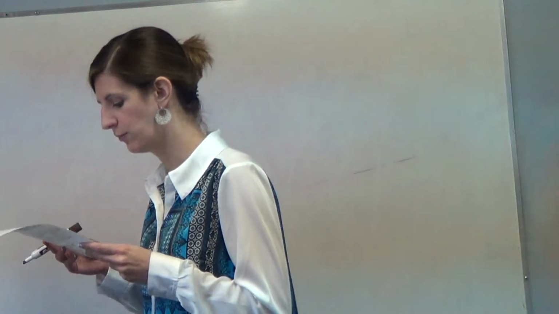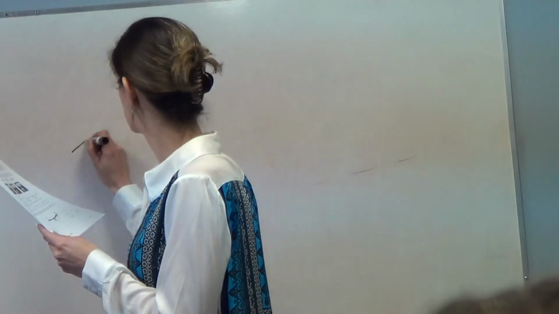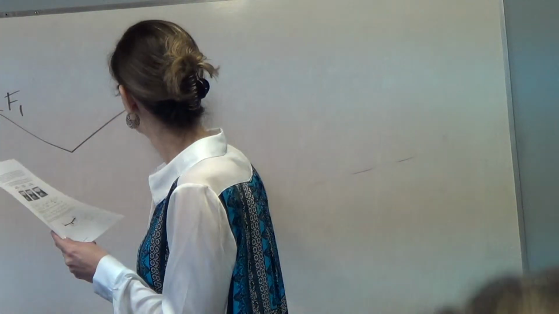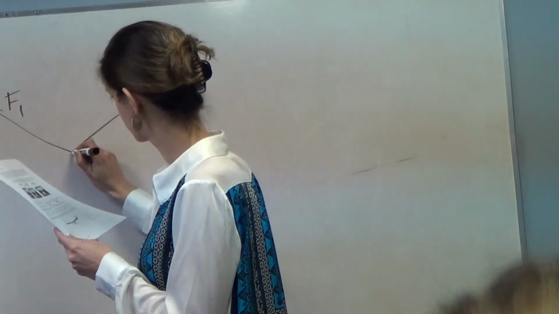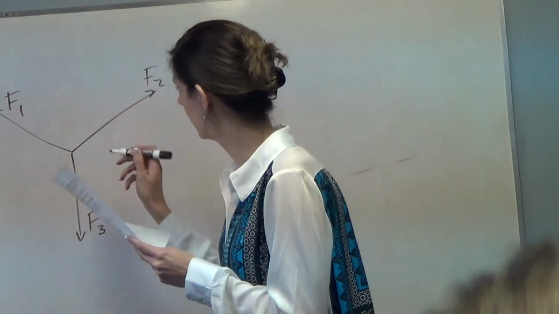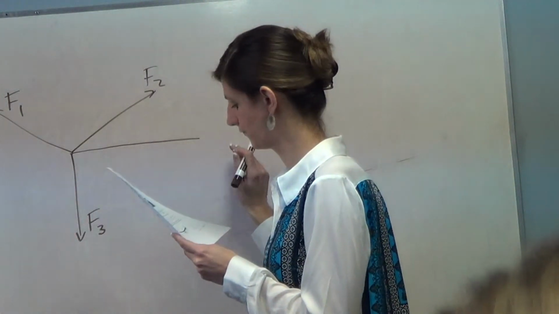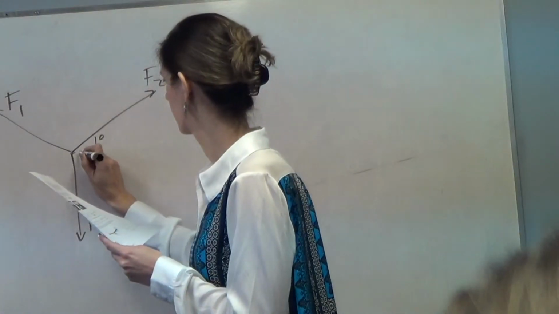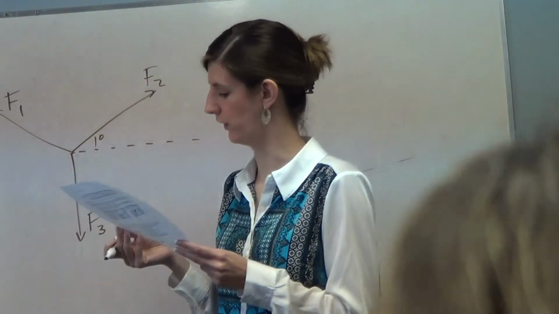Alright, a student pulls with 2 large forces in order to lift a 1 kilogram book by 2 cables. If the cables make a 1 degree angle with the horizontal, then what's the tension in the cable? It doesn't look quite like this, but, of those forces, which one do we know?